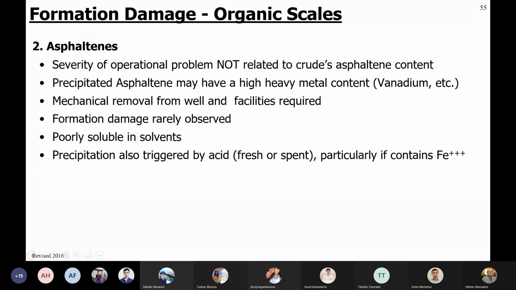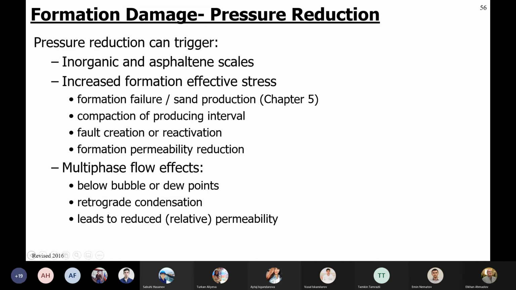So another type of formation damage mechanism is the pressure reduction. What happens in pressure reduction, as we learned in organic and asphaltene scale problems, is increasing formation effective stress, so sand production, compaction of the producing interval, fault creation or reactivation. These are extreme cases. And formation permeability reduction, again due to the compaction of the producing interval.